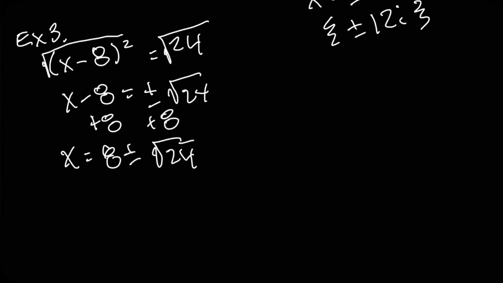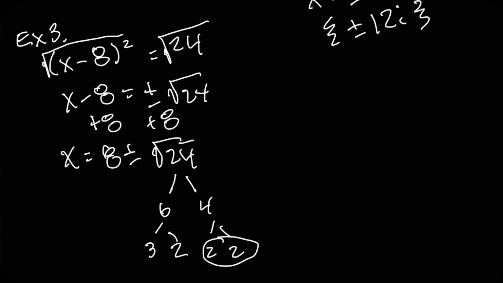But we're not done. We do want to go ahead and reduce that 24. So let's say 6 and a 4 will give us 24. 6 would be 3 and 2. And then 4 will be 2 and 2. And we can bring our pairs outside of our square root and then leave the other two numbers multiplied in the inside of the square root.